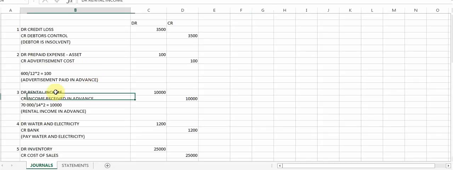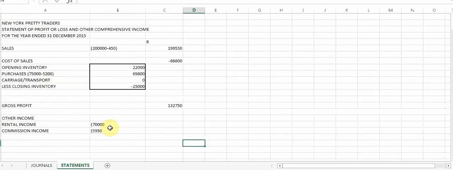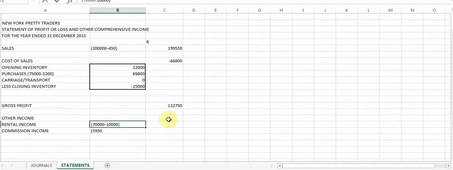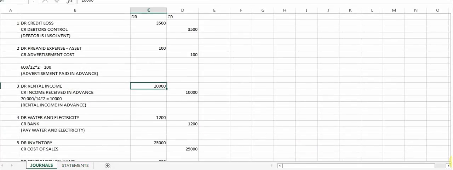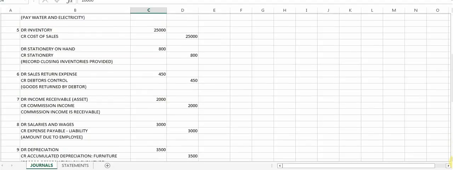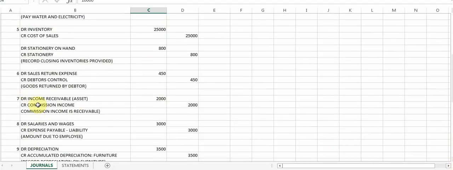So now I need to go and see in my journals, did I have any adjustments to these calculations? And I think I do. My rental income was decreased by 10,000. So I'm going to deduct 10,000 there, which will give me rental income of 60,000. And for commission income, I also had an adjustment in a journal somewhere. And the commission income in number 7, I had to increase it by 2,000 Rand for commission income that was still receivable.